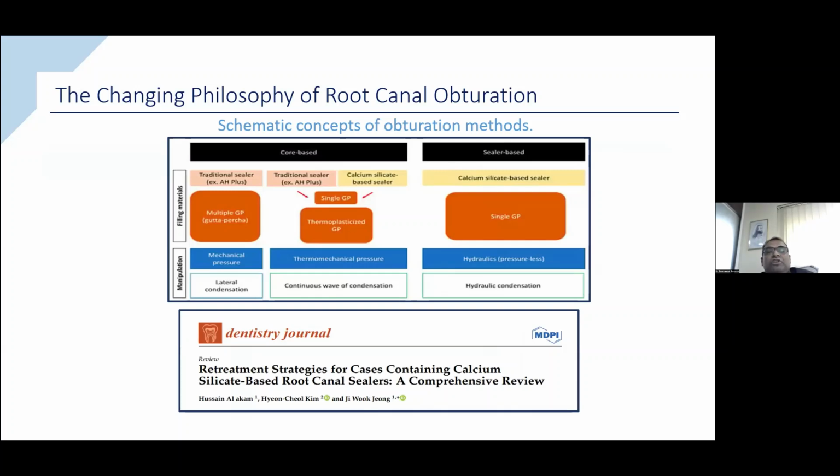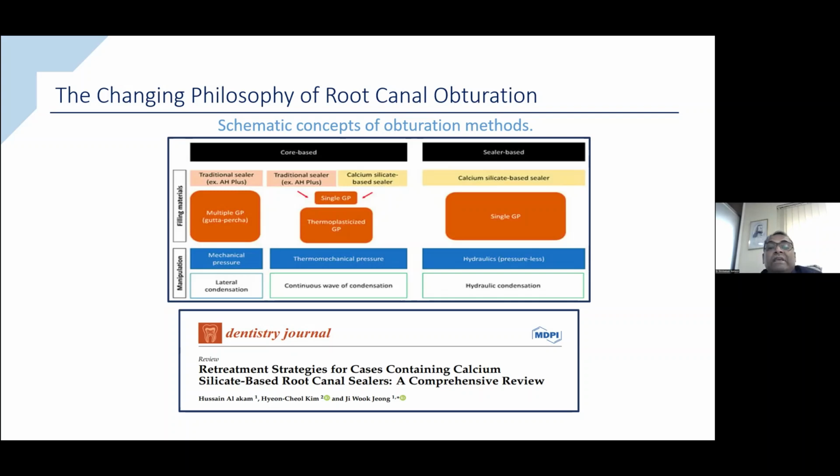So how has the obturation changed? Initially we had a core-based obturation. Now we have a sealer-based obturation. Traditionally, we used a sealer with multiple gutta percha and mechanical pressure, that is lateral condensation, maybe vertical condensation.